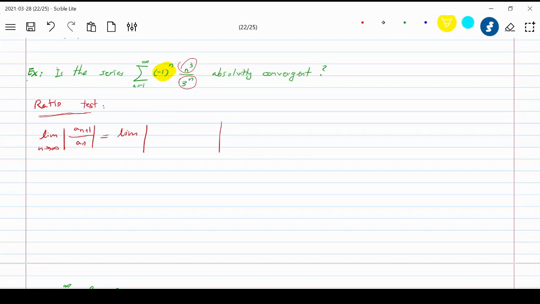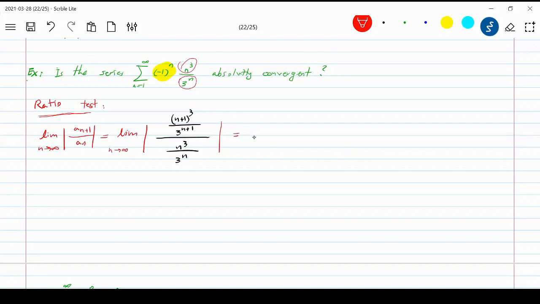So I'm going to ignore it. an plus 1 would be replacing n with n plus 1 everywhere. So you get n plus 1 to the power 3 over 3 to the power n plus 1. And an is simply n to the power 3 divided by 3 to the power n, as n approaches infinity.